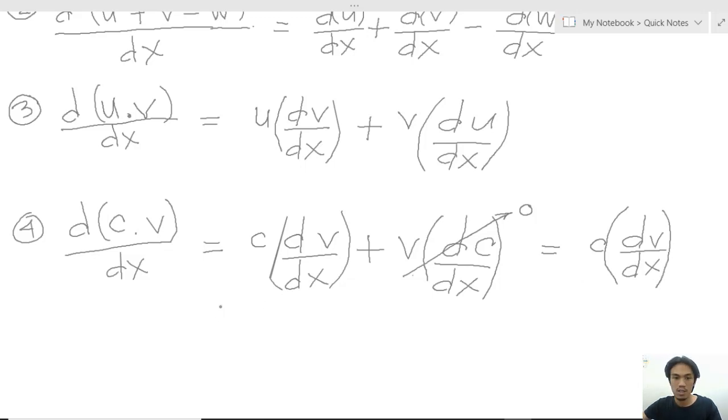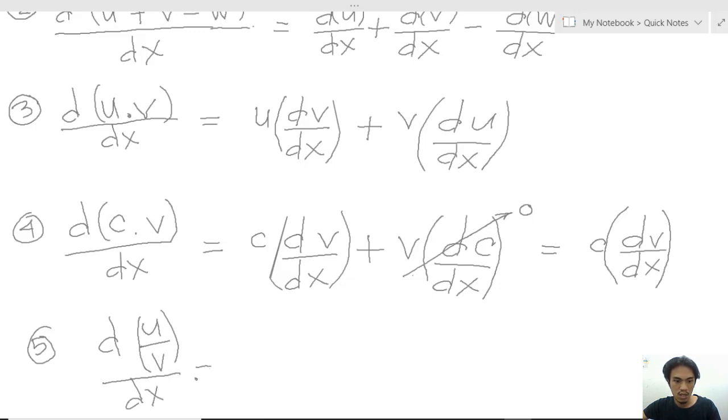That is the fourth property that you need to consider. The fifth would be the derivative of u divided by v with respect to the variable x.